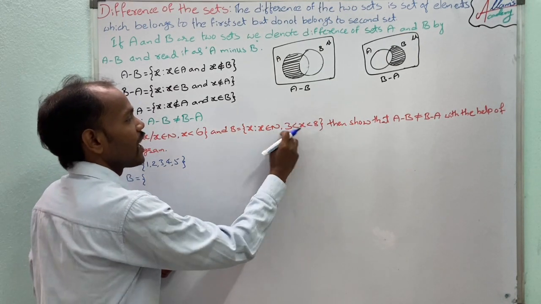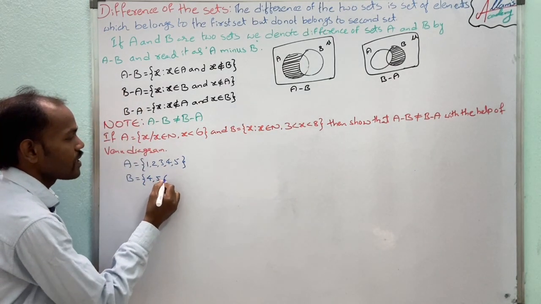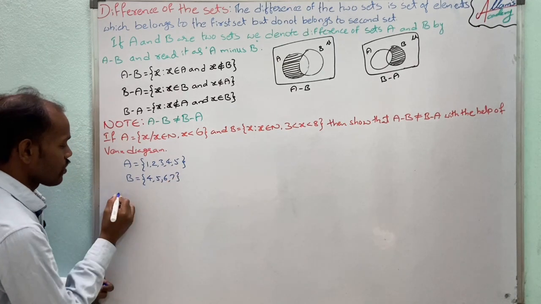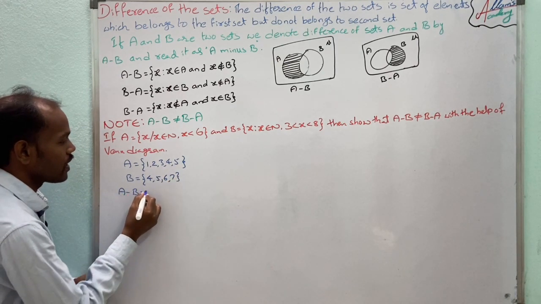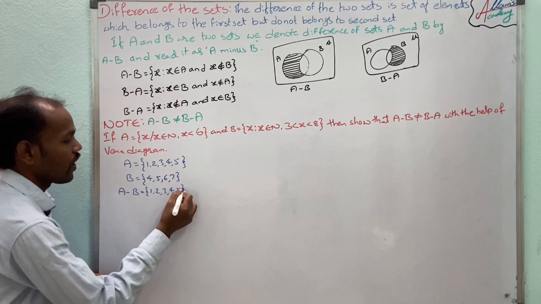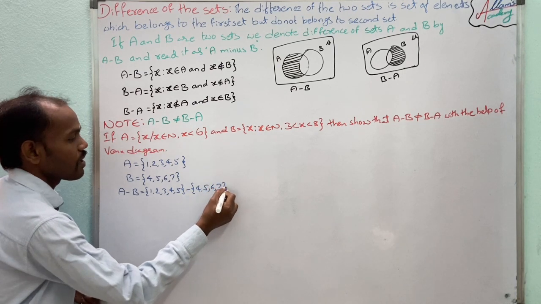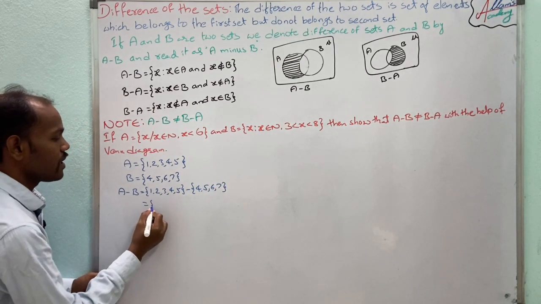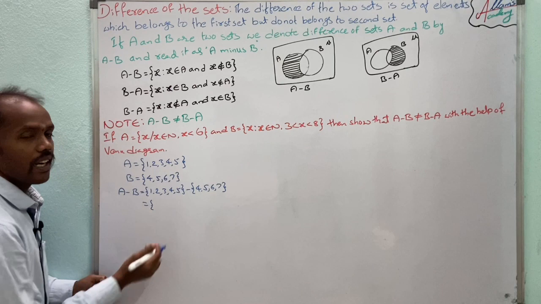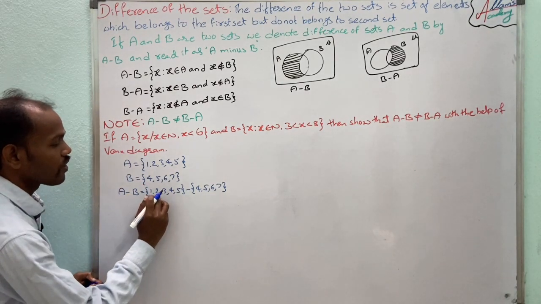So between 3 and 8, the natural numbers are 4, 5, 6, 7. So now A minus B is equal to {1, 2, 3, 4, 5} minus {4, 5, 6, 7}. Here the common elements in the difference set are neglected, and in the first set the remaining elements are 1, 2, 3.